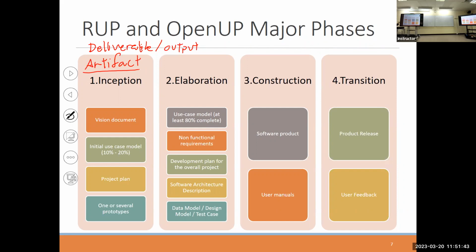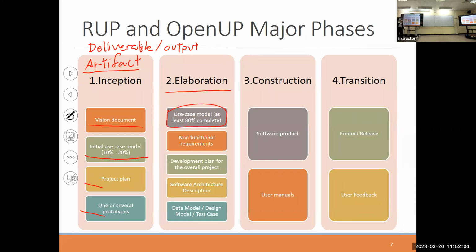Okay, so examples of artifacts that the team produces in the inception phase could be the vision document, initial use case model, the project plan, and some or several prototypes. During the elaboration, we should have a clearer idea and understanding.